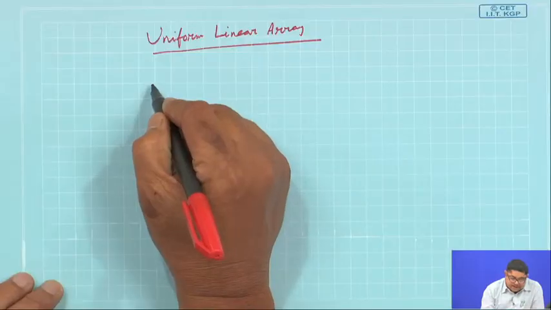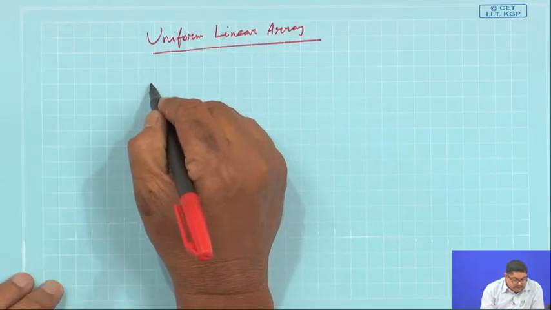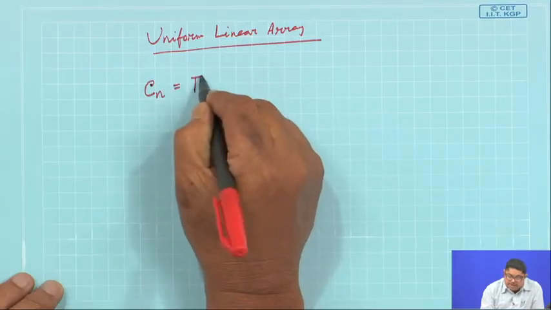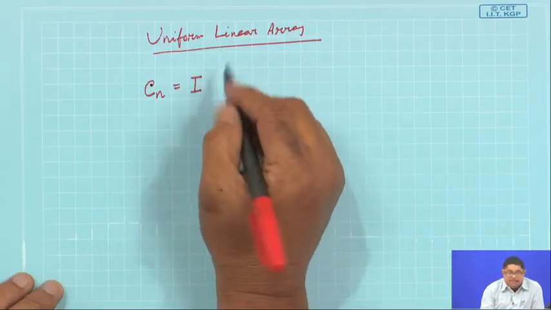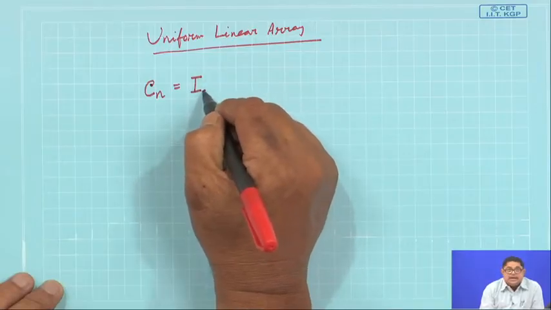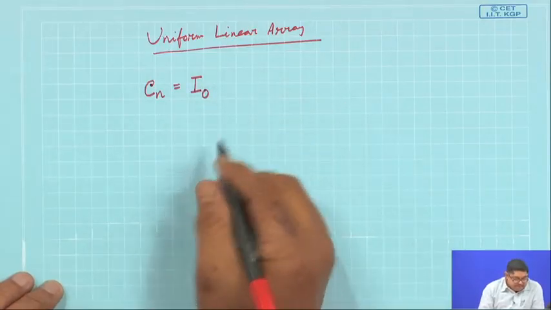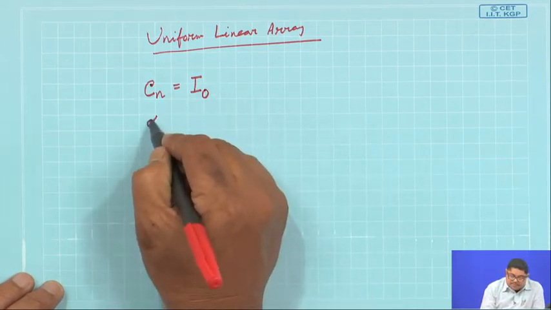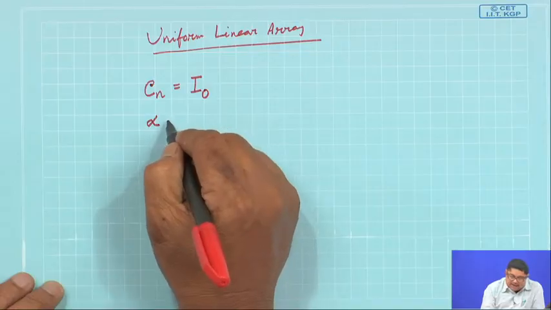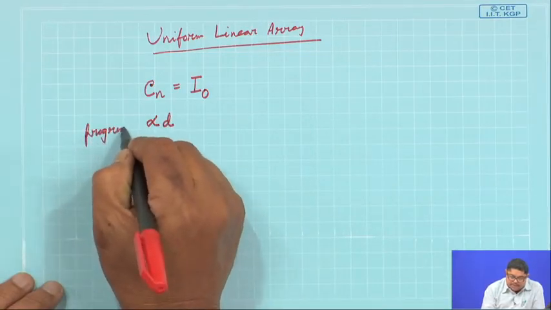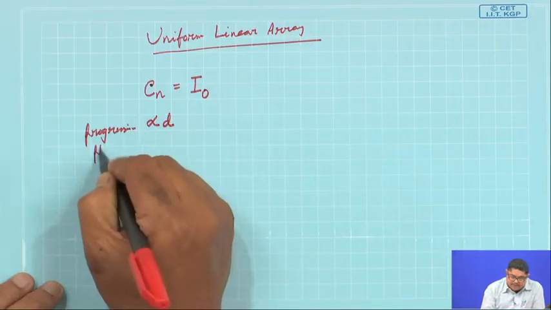Here we say that each antenna is excited with the same constant amplitude, and since we have assumed a dipole, the amplitude excitation is current I naught, but with a progressive phase shift. The phase shift is alpha d, this is called the progressive phase shift.